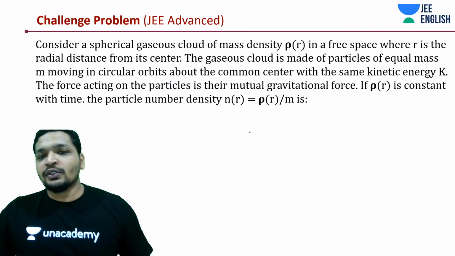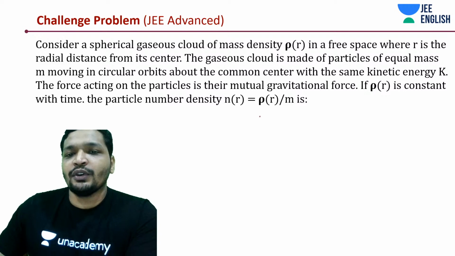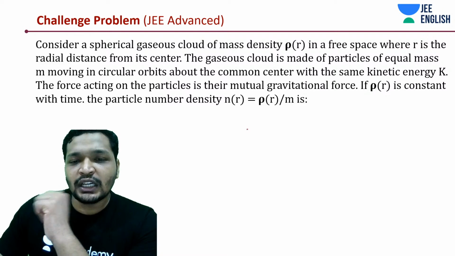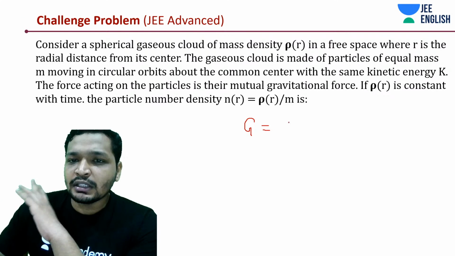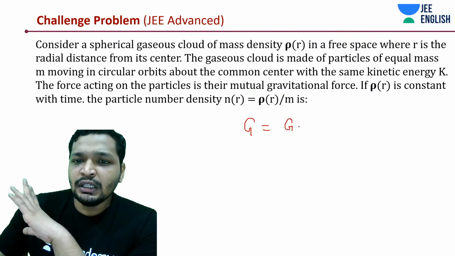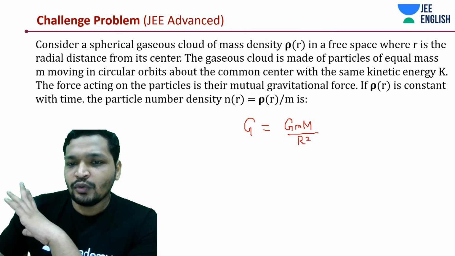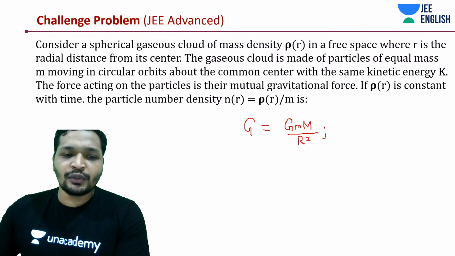So this is going to be rho of r. First of all, we need to understand something. There are two forces. Gravitational force is holding all these particles together, which is going to be G m by r square. What should this r be?